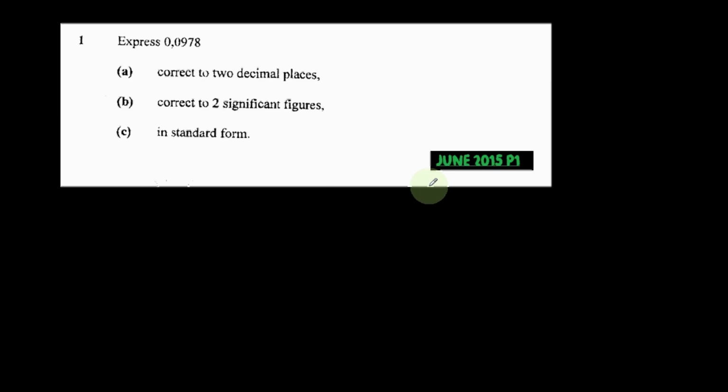Now on to the last question. Start with A. 0,978. Sorry, 0,0978 to 2 decimal places. The second decimal place is what? Is 9. So we focus on 7.